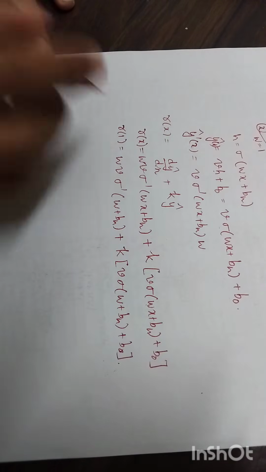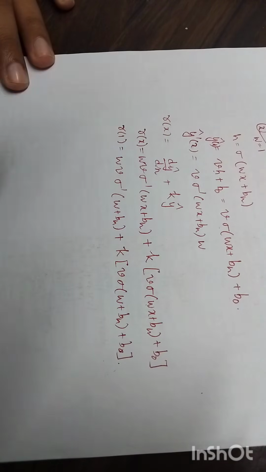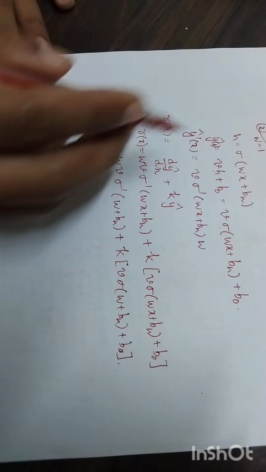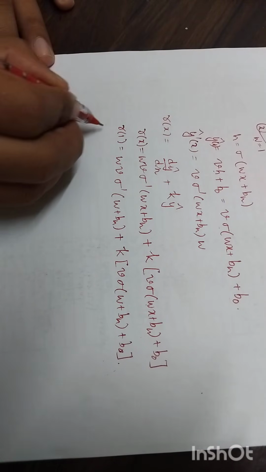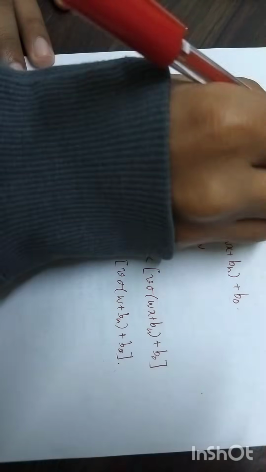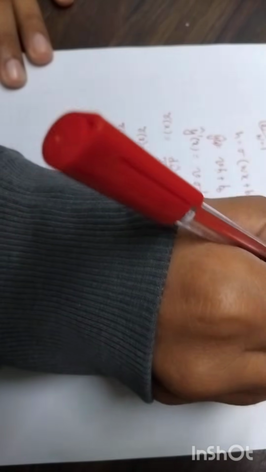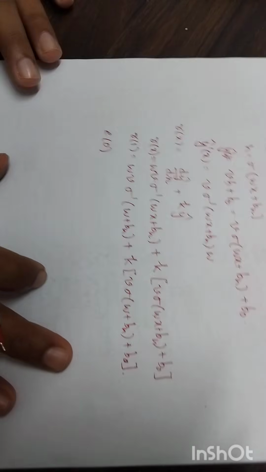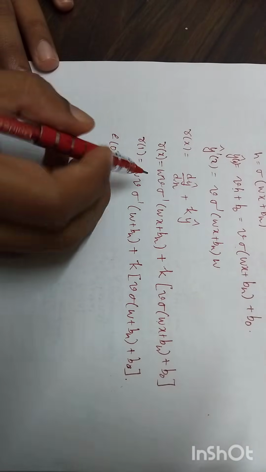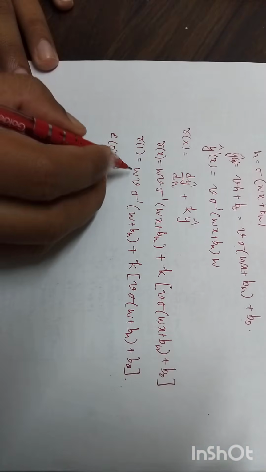Similarly, we will be needing the initial condition residual at 0, that is e of 0. The initial condition we have to rewrite as y of 0 minus 2 is equal to 0. This is the condition for the initial condition residual.